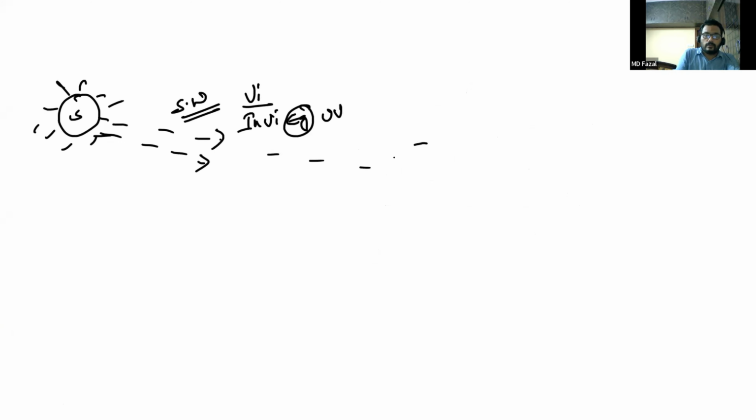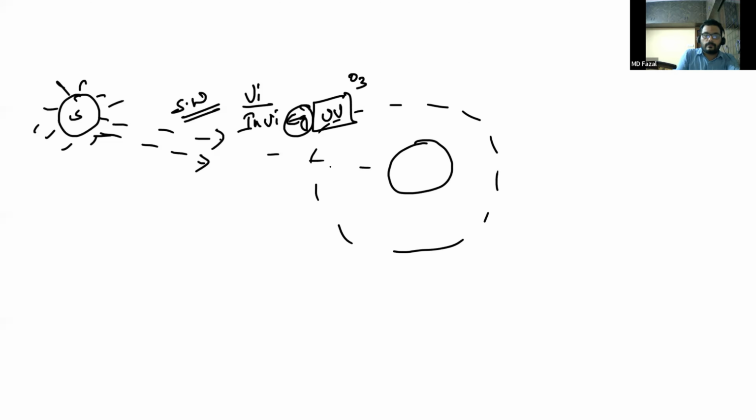They are stopped here by the most important layer, which is ozone. A few visible and invisible rays will pass through, be consumed by earth, and the rest is emitted back.